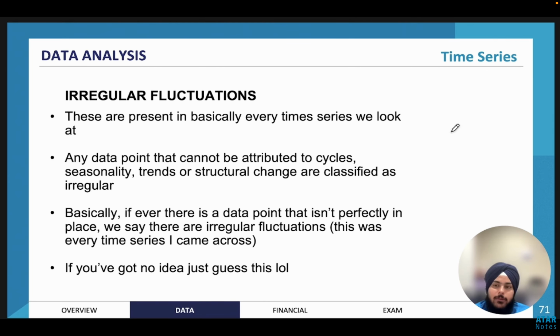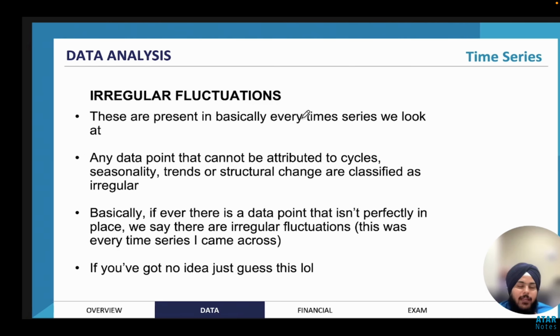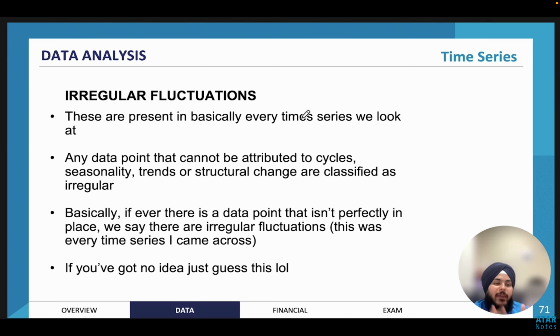We also have irregular fluctuations. Irregular fluctuations are just the normal variations or small fluctuations in data, as a result of the nature of data and how data behaves. It's sort of like a cycle, but we have a variety of different peaks and troughs, and these are inconsistencies in the data.